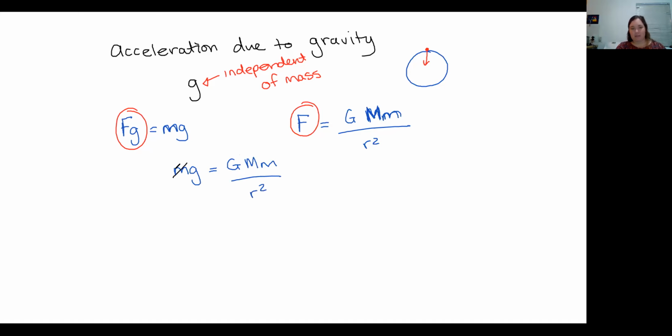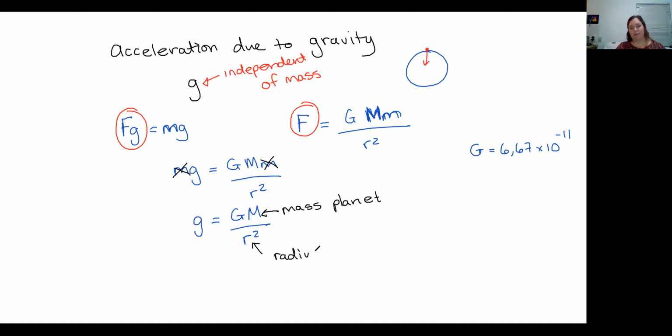But these masses are the same, so we can cancel them, which then shows us that the acceleration due to gravity depends on the gravitational constant G, which if you remember is 6.67 times 10 to the minus 11, the mass, which is the mass of the planet, and r squared, where r is the radius of the planet. So this will be the mass of whichever planet we're on, and r will be the radius of the planet.